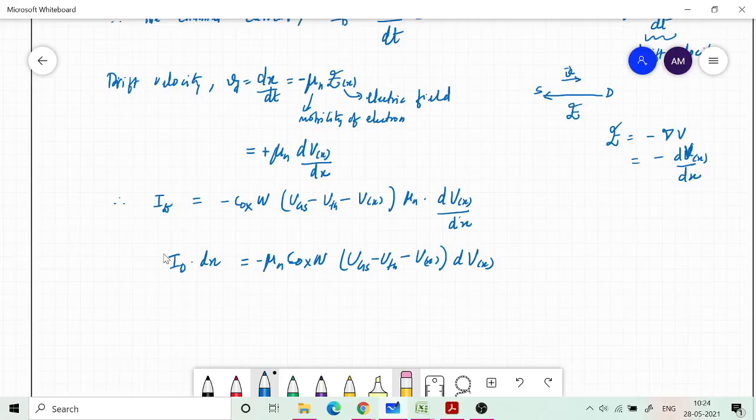The variable on the left is x, the variable on the right is V of x. So now I can integrate this, integrating on both sides.